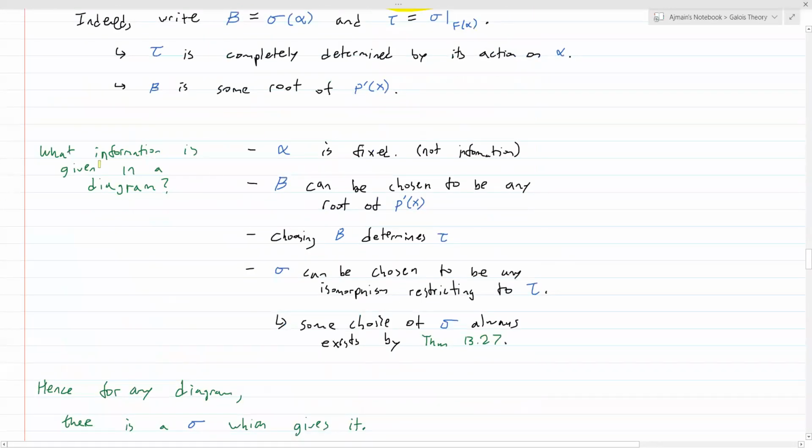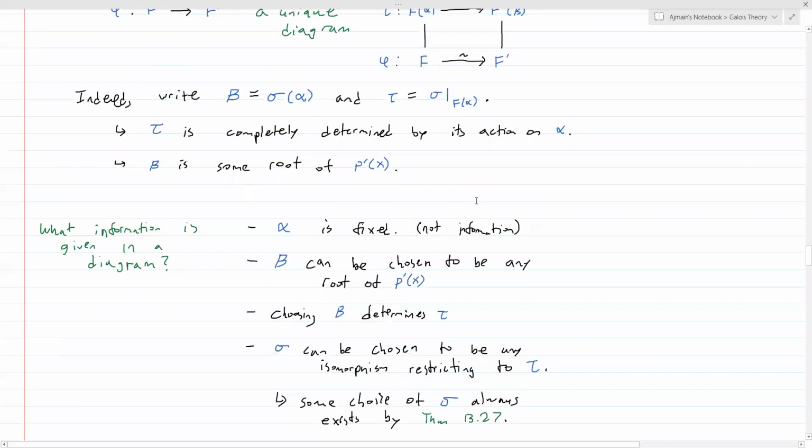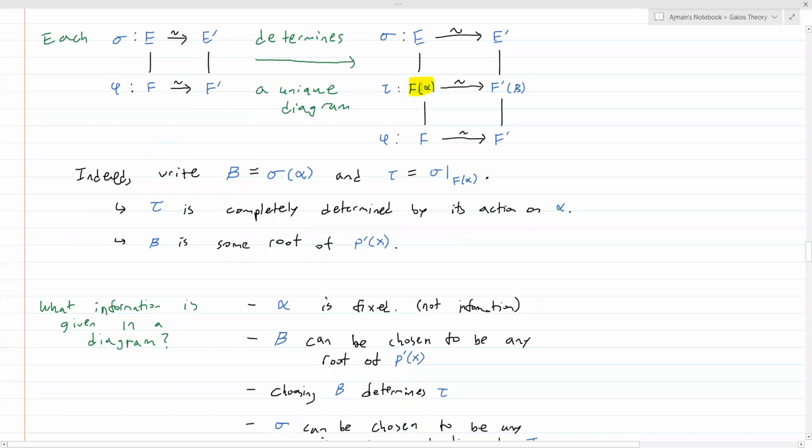So what information is given in a diagram? Well, alpha is fixed before, so alpha is always fixed. So this is not any unique information particular to a diagram, but beta can be chosen to be any root of p prime of x. And then choosing beta determines tau, since tau is sigma restricted to F adjoint alpha.